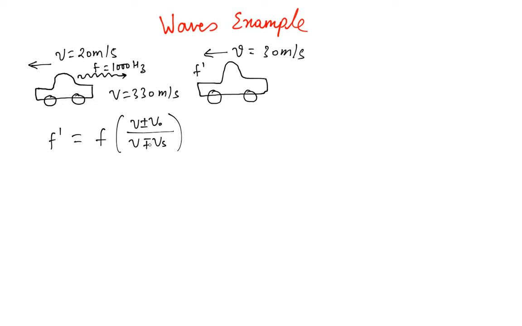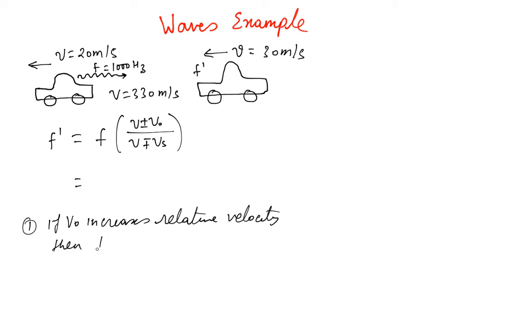Now, which signs to choose here? We see if the relative velocity is increased by the observer, then we take a plus sign, which is the frequency is increased. So this is the rule. If VO increases relative velocity, then take positive sign.